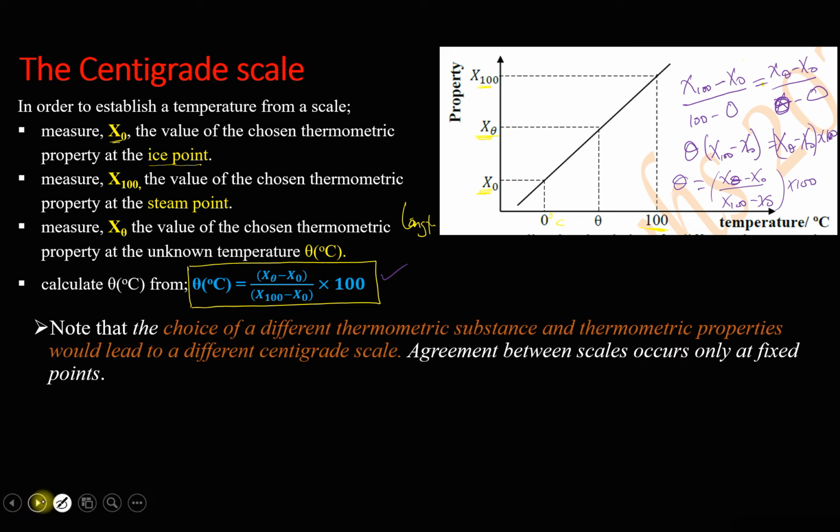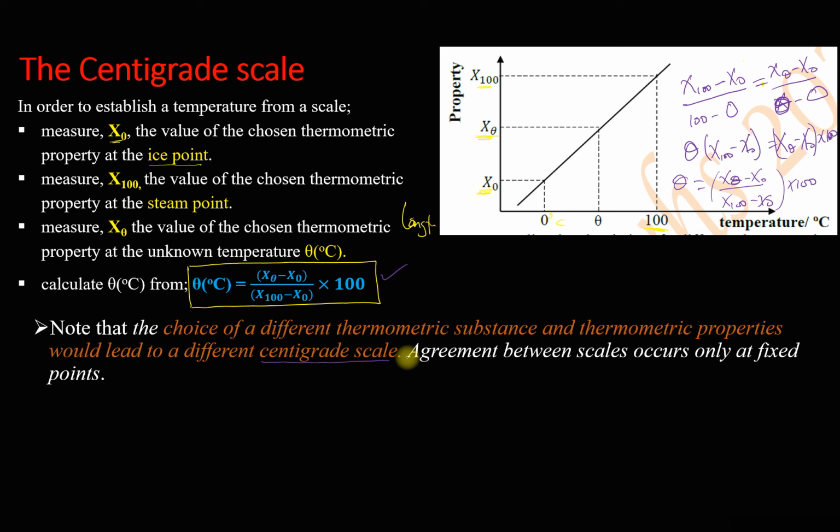So I want us to note that the choice of a different thermometric substance and thermometric properties would lead to a different centigrade scale. Imagine you are using two thermometers. One uses mercury in them, another one uses alcohol. These two thermometric substances do not behave the same way with the temperature.